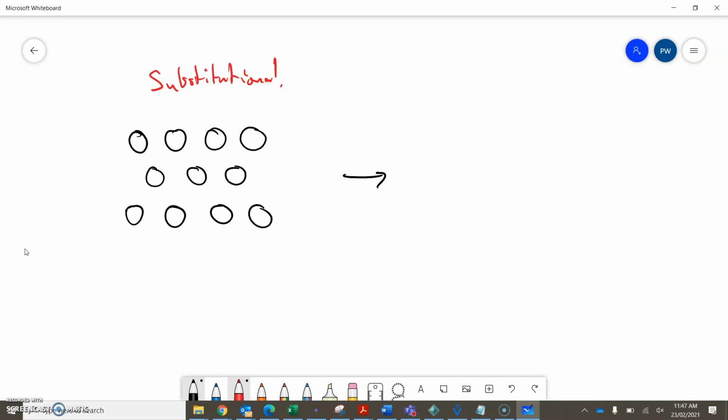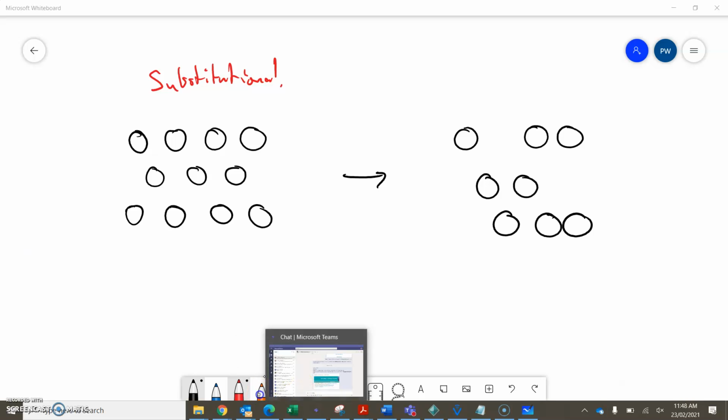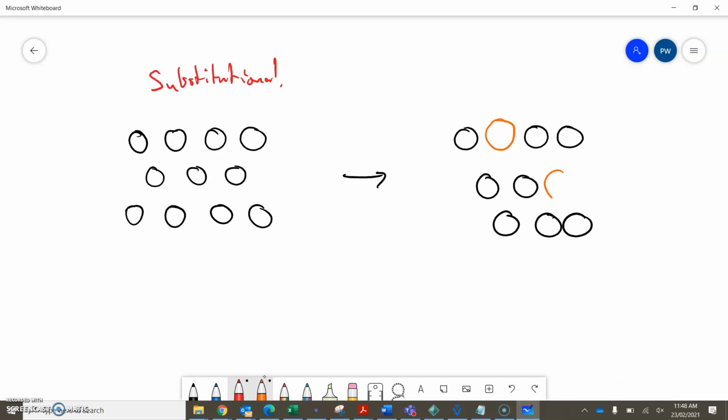I'm going to combine something else. Okay, so we can see similar sizes, not quite the same though. We can see that some of those atoms or ions have been replaced by something of a similar size.